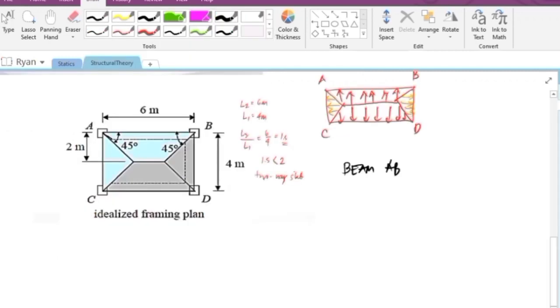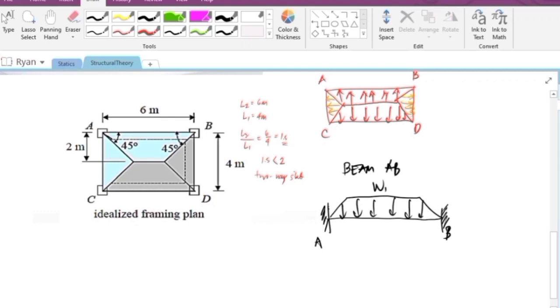For beam AB, we have here a trapezoidal load. This is fixed connected since this is reinforced concrete. So this is now the W. This is beam AB. How about the magnitude of the load W1?